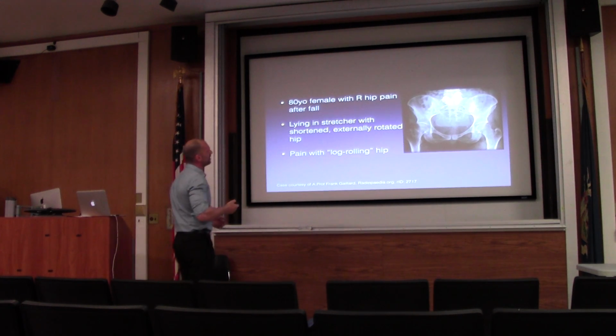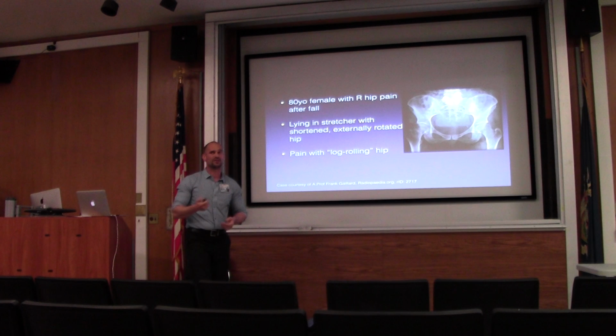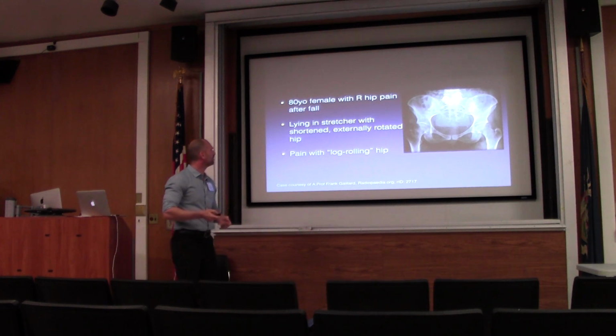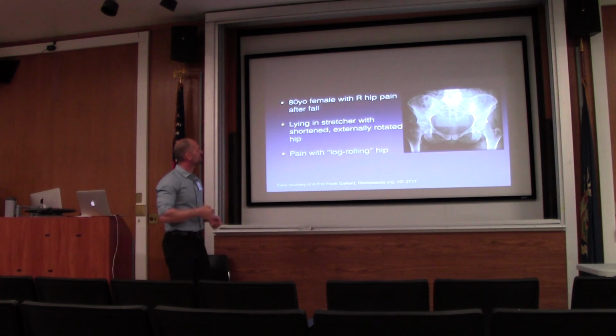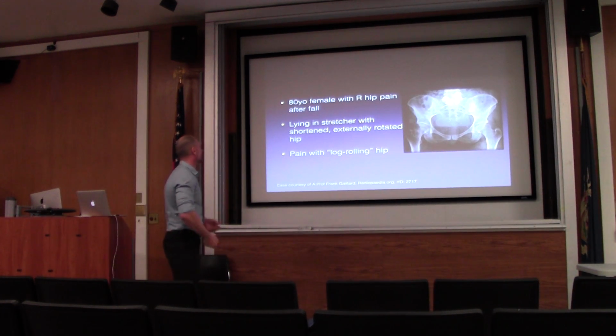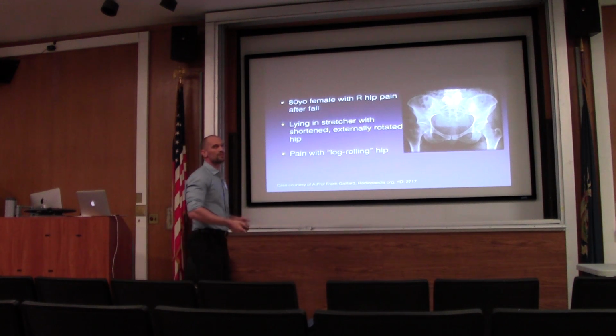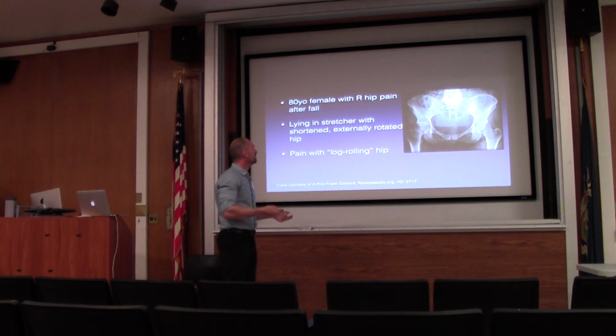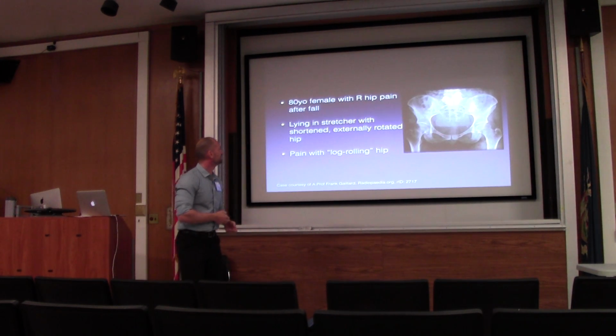Occasionally we see the little old lady with the fall, at least not as much as other emergency departments. But you guys know this person as well, usually fell from a standing position, and now they have a shortened, externally rotated hip. Whenever you log roll it, it hurts. Whenever you press over the anterior capsule, you can see it right here, you have an intertrochanteric hip fracture.